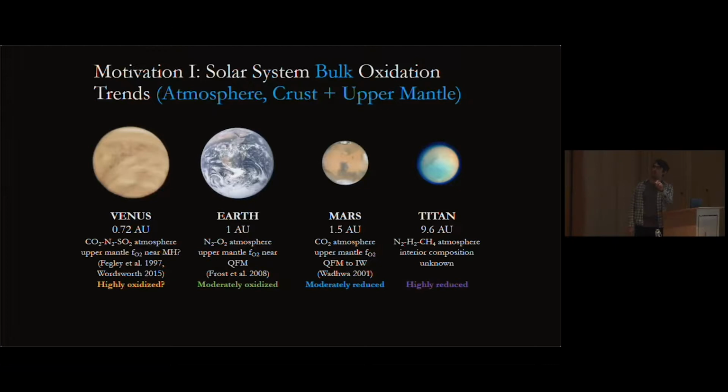It's kind of interesting, because Mars's surface is highly oxidized, but actually its upper mantle looks like it's significantly more reducing than that of Earth. It's somewhat paradoxical. Earth is kind of moderately oxidized, and then Venus, we have very limited data for Venus still, but the data that we have suggests the surface may be near this magnetite-hematite buffer, which is significantly more oxidizing than this for Earth.